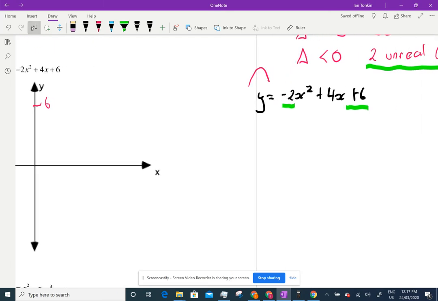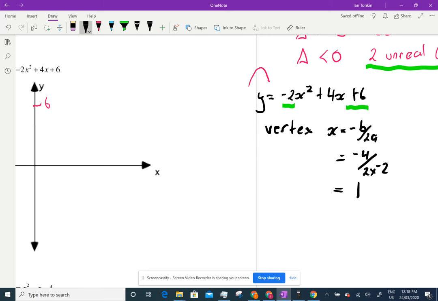That's step 1, step 2. Step 3, what is a vertex? Well, I get the vertex. X equals minus b on 2a. Well, minus b is minus 4, and a is 2 times negative 2. I'll do that on my calculator, and I get 1.